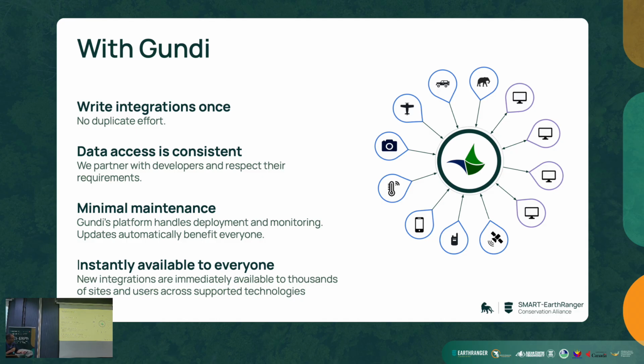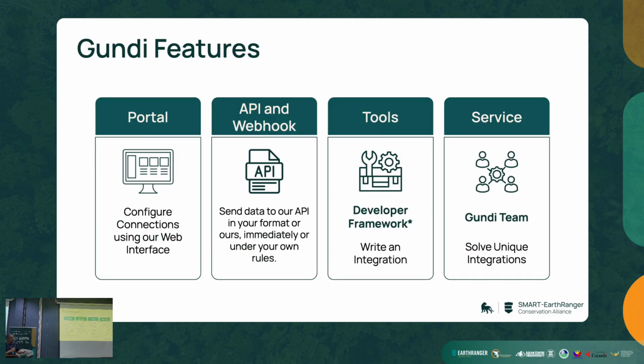Right now, we have quite a few solutions. We have a GUNDI which primarily is used by our partners. So if you are someone who is managing a series of sites, for example, Bia, who's hiding in the back, she manages 4 different EarthRanger sites, and she would like to set up a new integration.